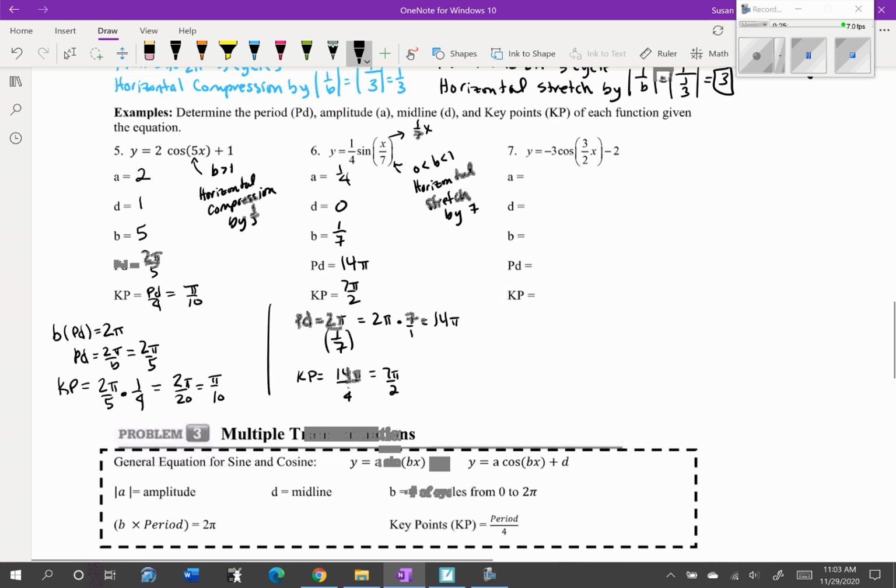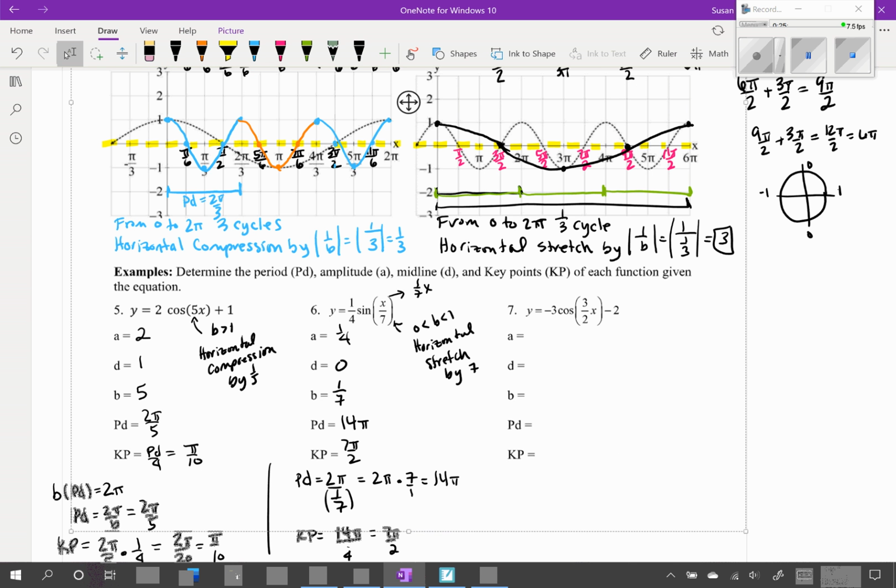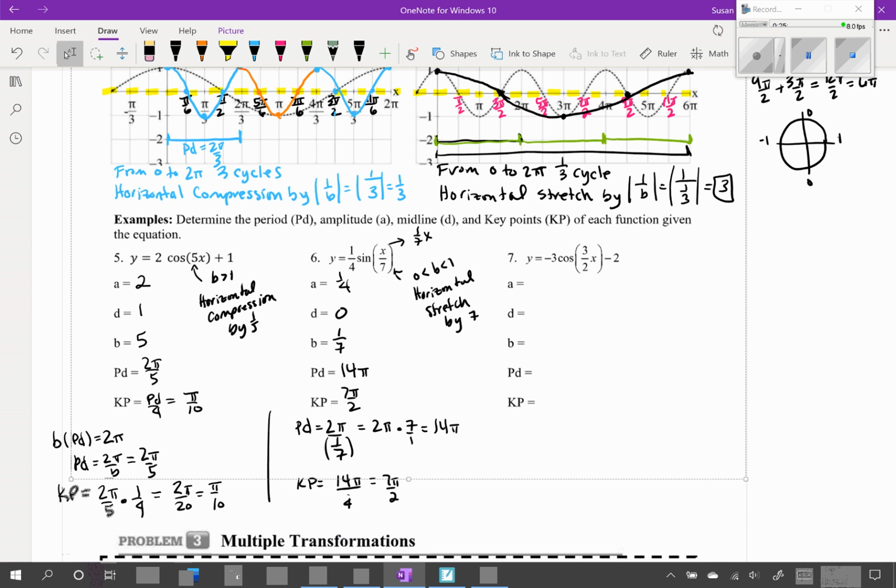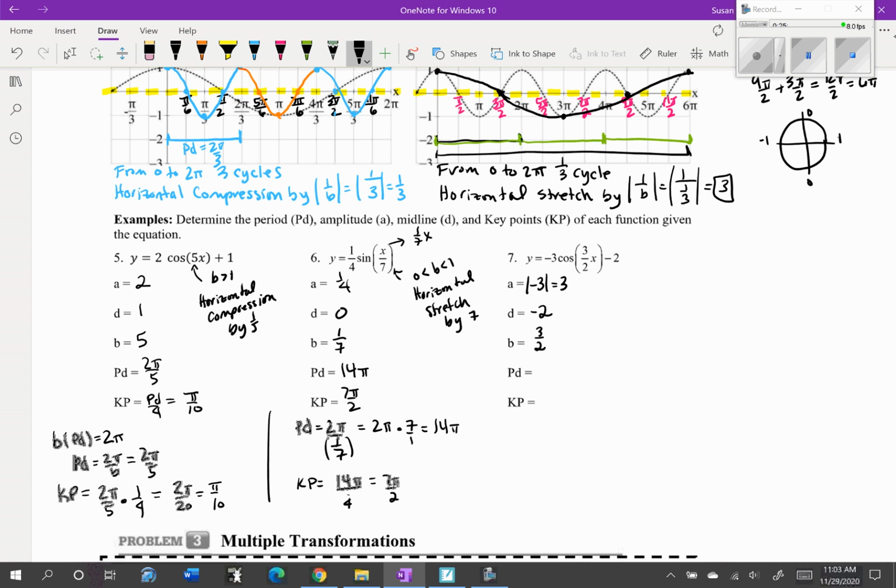So for number 7, we have our a value. Remember, it's the absolute value of a, so this would be 3. The d value is -2, so that's going to move your midline down 2. Your b value is 3/2, so the period equals 2 pi over b, so 2 pi divided by 3/2.